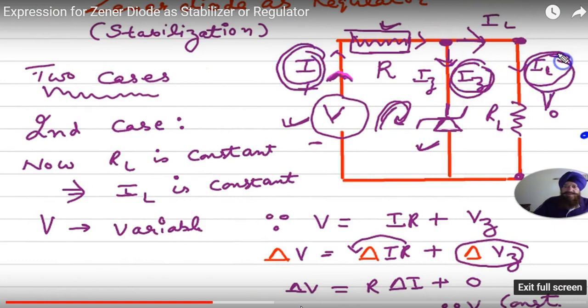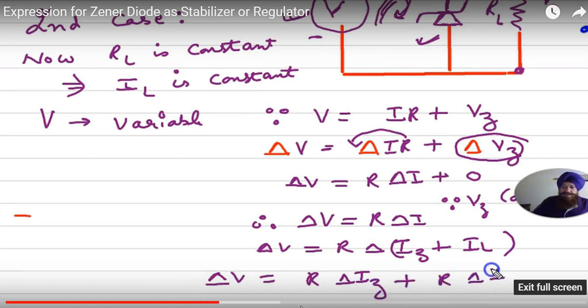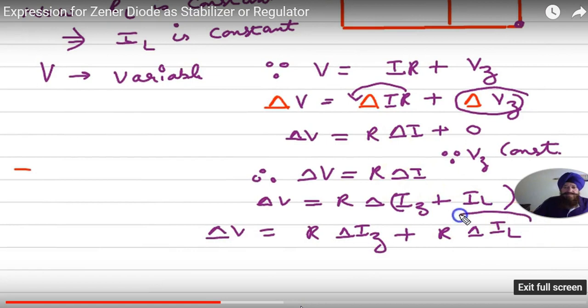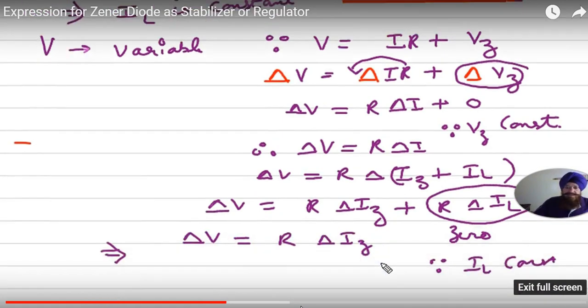I equals IZ plus IL. So delta V becomes R delta IZ plus R delta IL. Now we already said that RL is constant, or IL is constant. So delta IL is 0, because IL is constant. So it implies that delta V equals R into delta IZ.